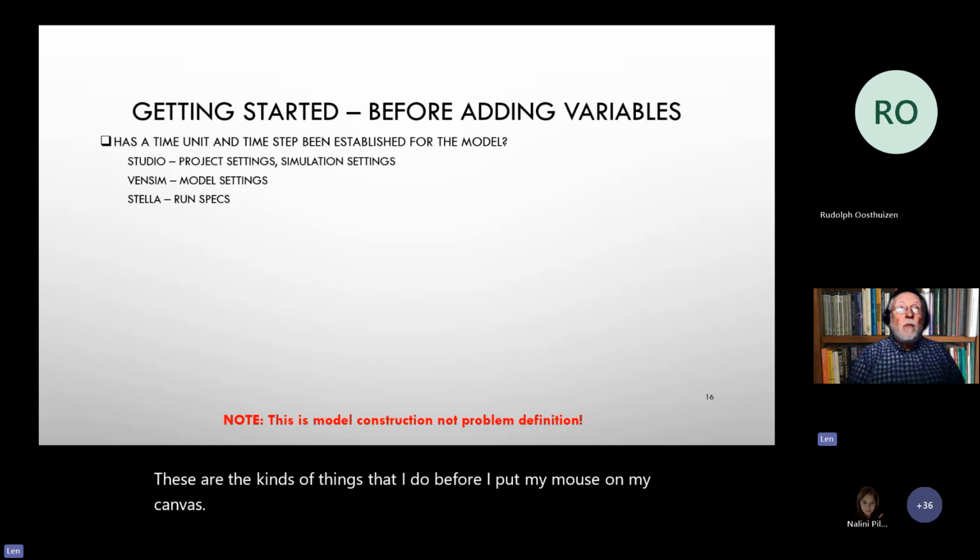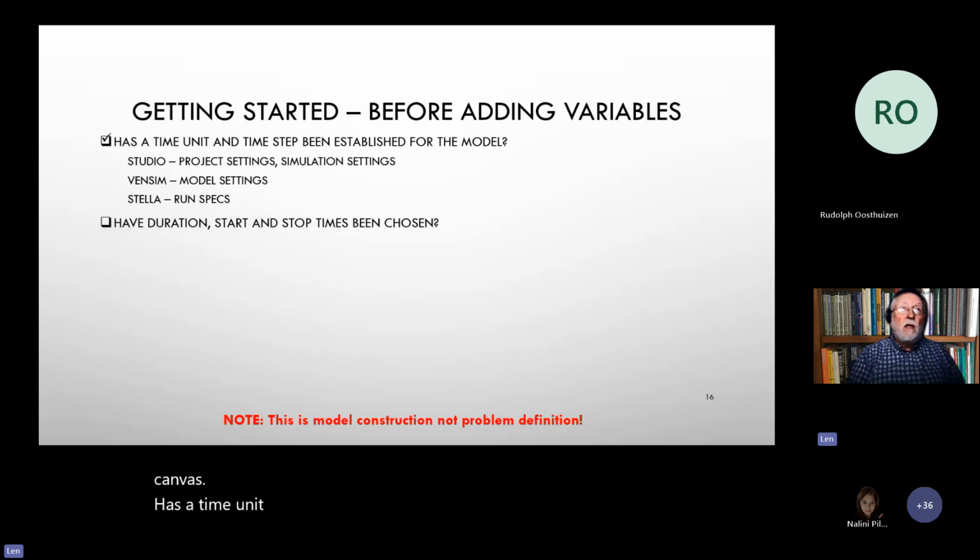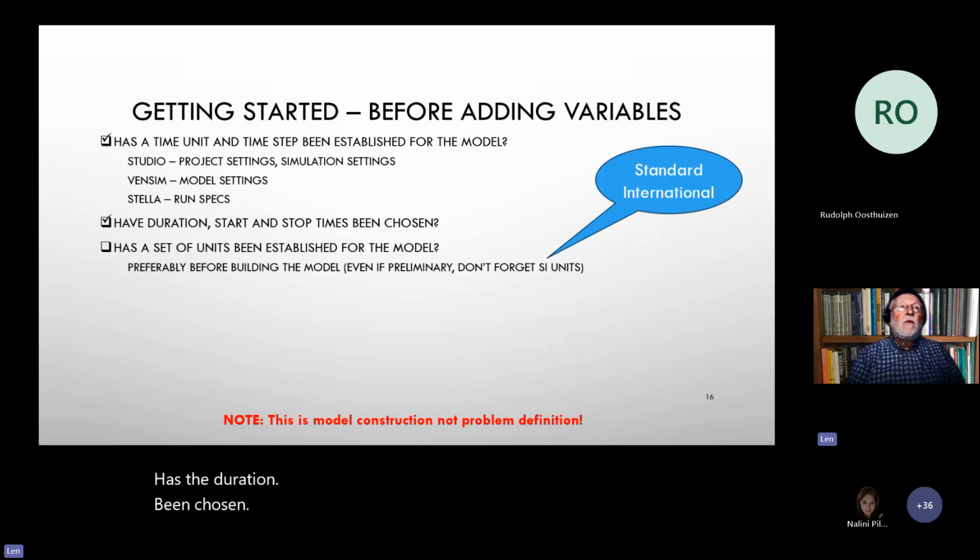Has a time unit been established? Check. Has the duration been chosen? Check. Have a set of units been established? Gee, I'm building a model that deals with people. I should probably have a unit, person, people. I need liters, I need watts, I need kilowatts, et cetera, et cetera.